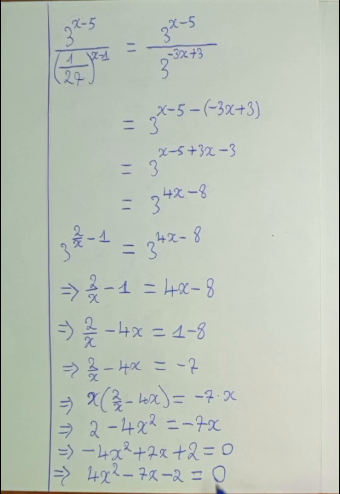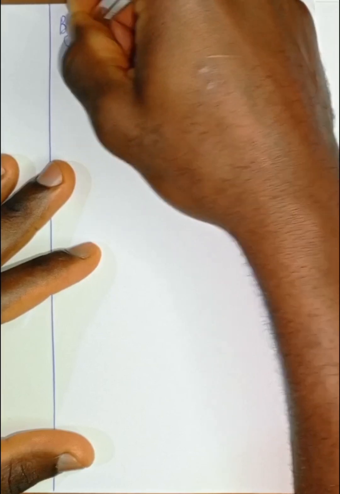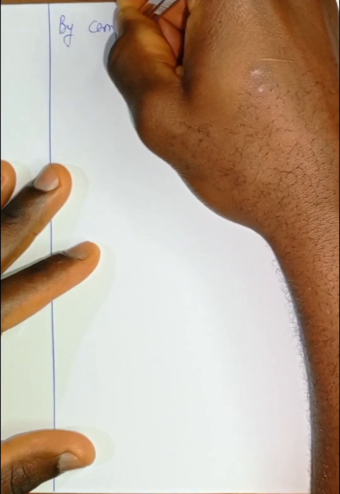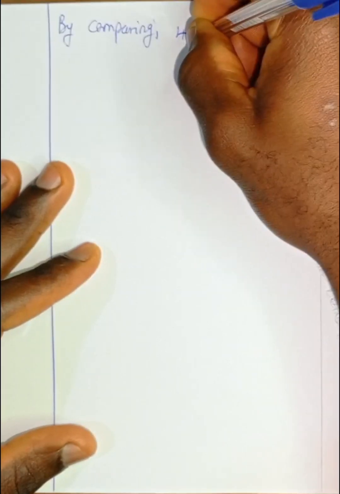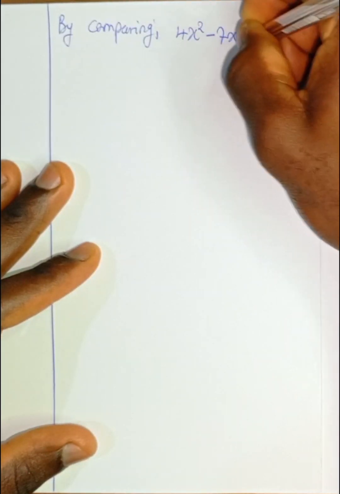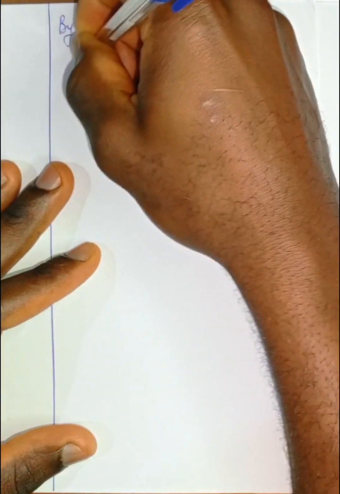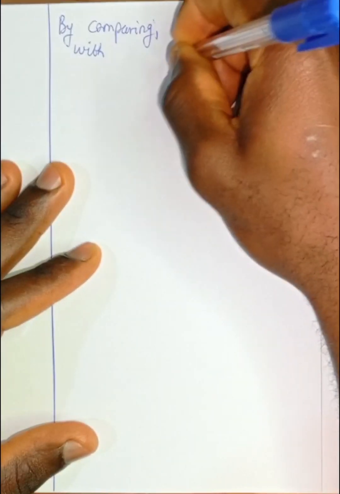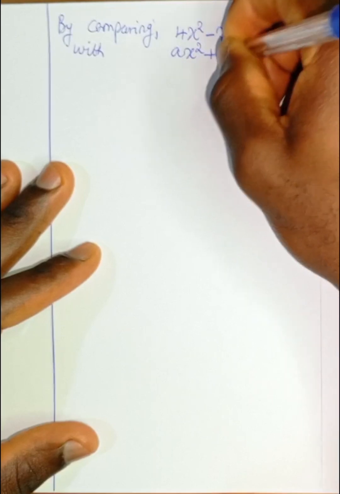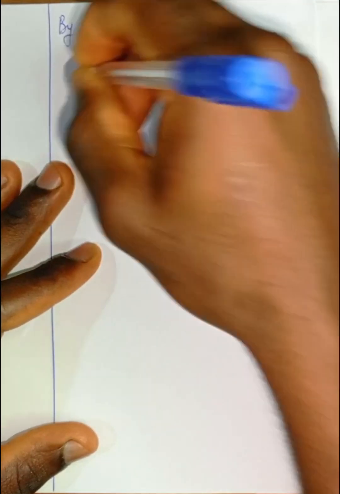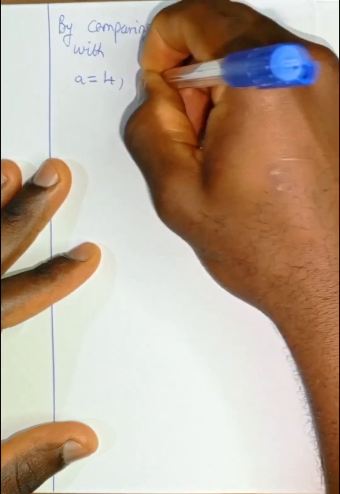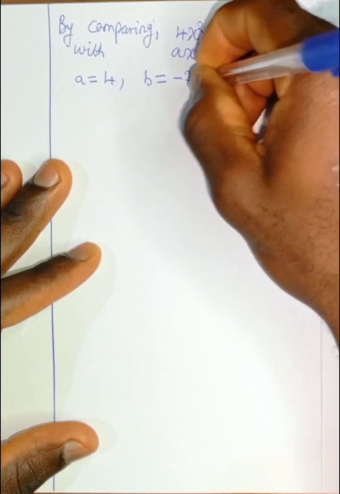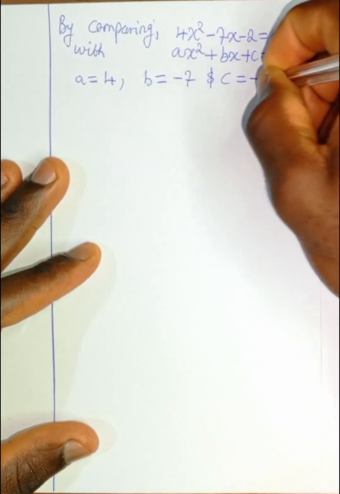We are going to solve this quadratic equation by making use of the formula method. By comparing 4x squared minus 7x minus 2 equal to 0 with the general form of the quadratic equation ax squared plus bx plus c is equal to 0, we have our a to be equal to 4, our b is equal to negative 7, and our c is equal to negative 2.